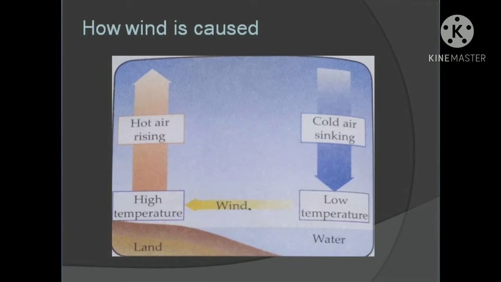As you can see in the diagram, dear student, when air becomes hot it becomes lighter and rises up, and cool air will move to occupy the vacant space near the region of hot air. Hence, an air current is set up and air begins to move from one place to another. Thus, wind is caused due to the temperature differences between different regions.